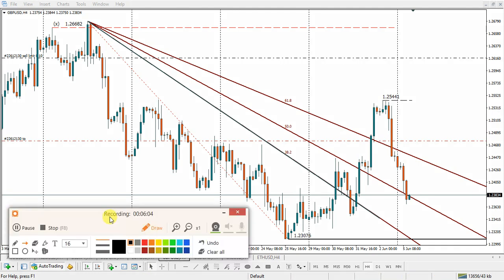Price pushes down strongly to the downside, and then right from 38.2 we find this bullish push to the upside. That is a very strong bullish move, but where is its origin? We'll find its origin somewhere here around the 38.2 level of the trend line.